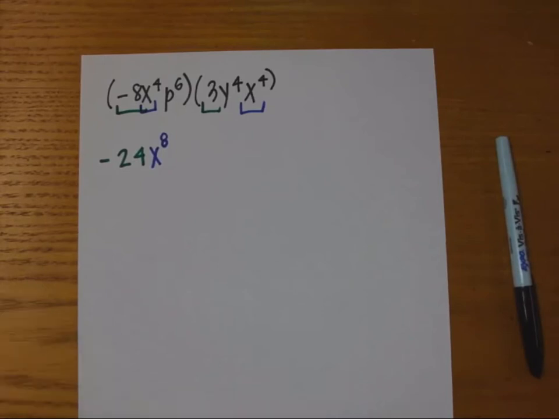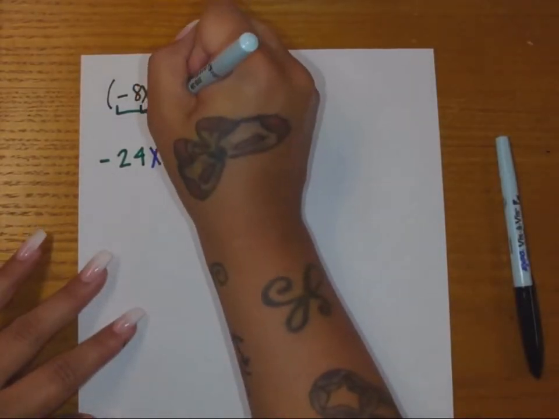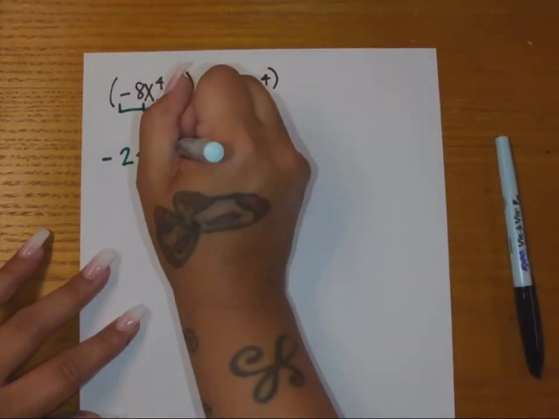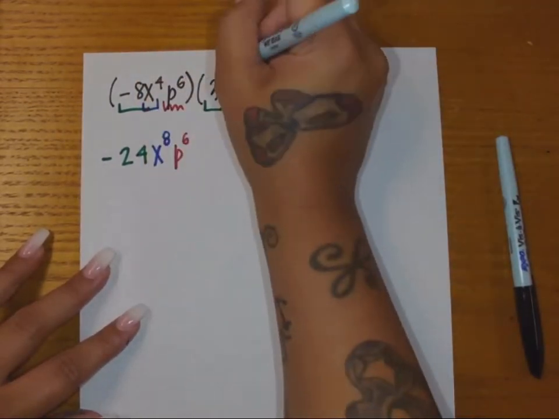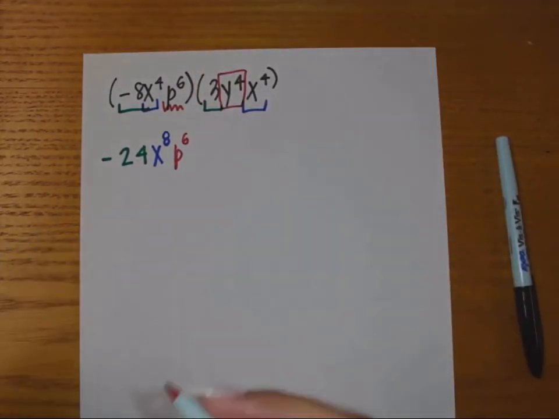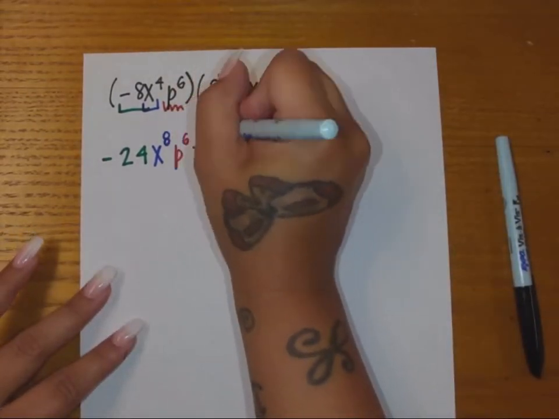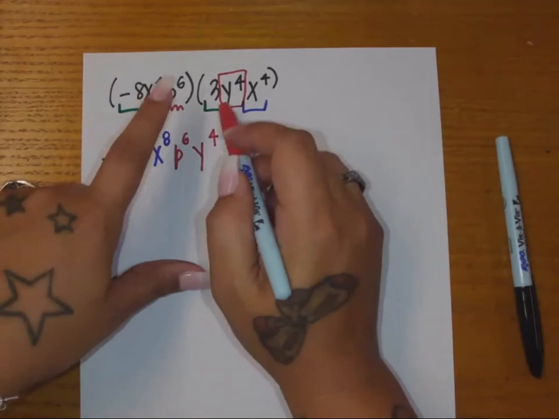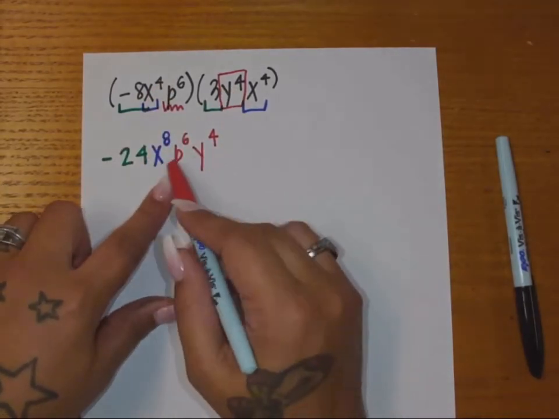And then I've got a p and no other p. So I'm just going to write p to the 6th. And then I have a y to the 4th with no other y. Sorry, they're the same color. I only have 4 colors. I could have used black, I guess. These are not the same, so they literally can just get written.